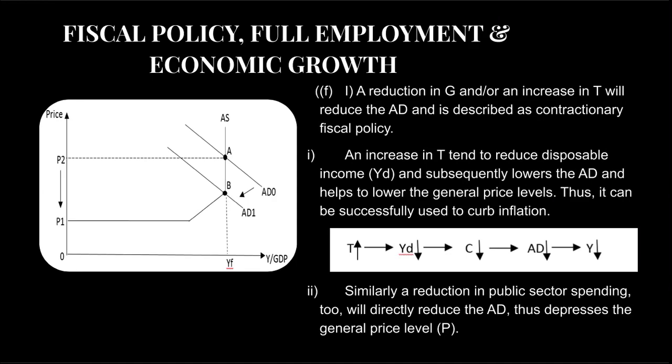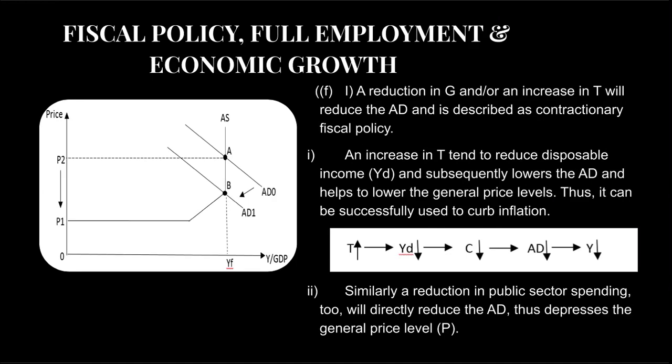So in order to bring down the aggregate demand, the government will implement the contractionary fiscal policy, which can be implemented by raising the tax and decreasing the government expenditure. As the government increases the tax, this will decrease the disposable income of the household sector. As the disposable income decreases, the level of consumption will fall.